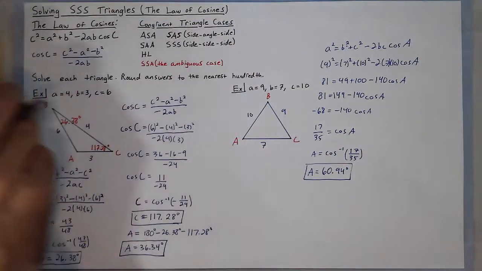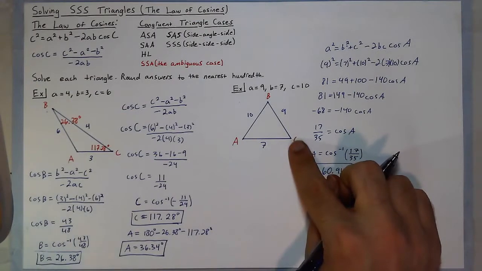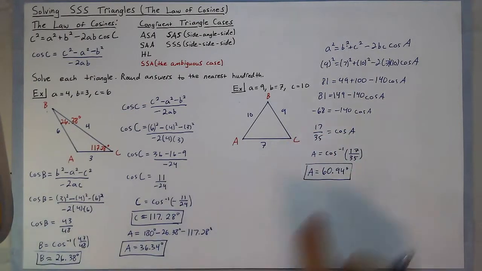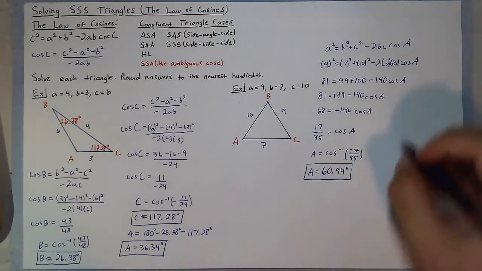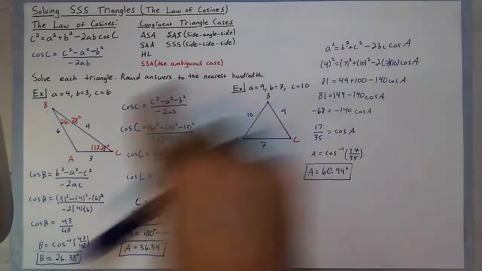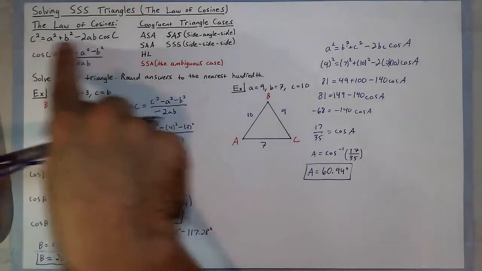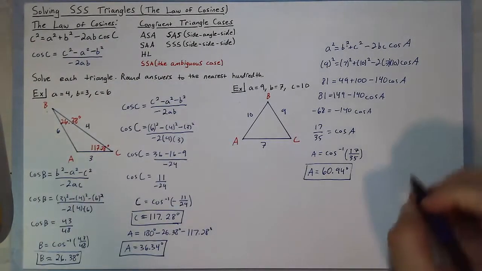And again, I could do the same thing. Let's say I want to go find angle C next. That should be the biggest angle. So I should get something bigger than 60 degrees since it's the biggest side. And if I didn't remember how to rewrite it this way, again, I could just go from its original form up there.